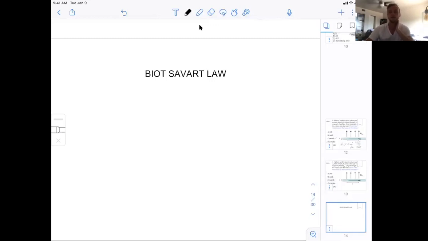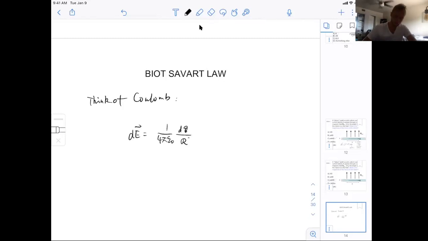So let's think of Coulomb's law. So this is describing the amount of E field produced by a single point charge, or in this case, a point charge dq, right? And this is little dq.